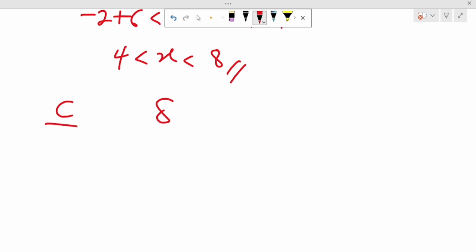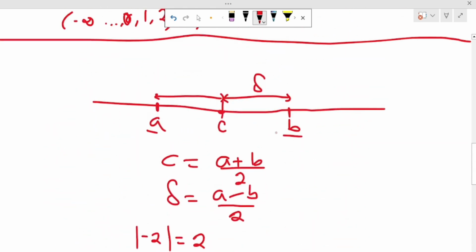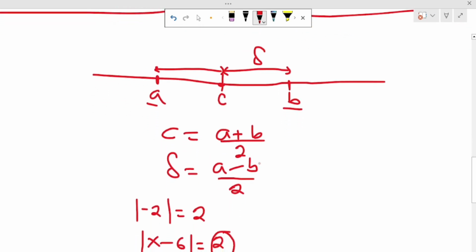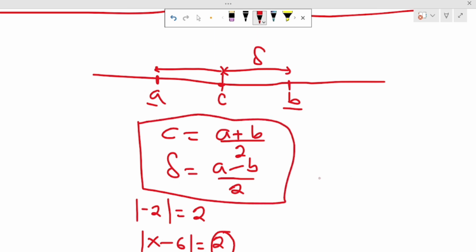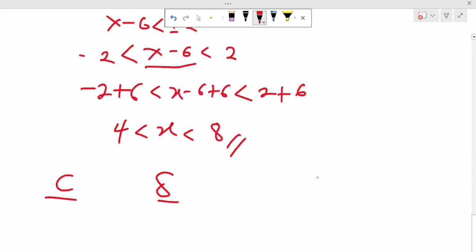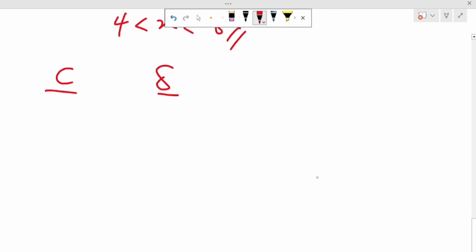Sometimes you are given the midpoint and the radius and asked to find the interval. We can write it in this form. Either we use this to solve simultaneous equations to get the values of a and b and write the interval, or we use this formula.